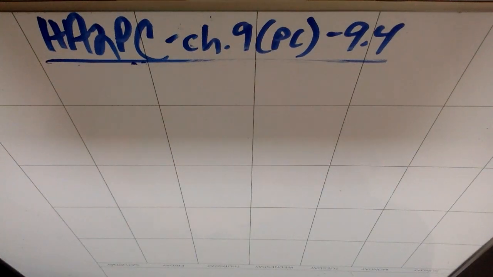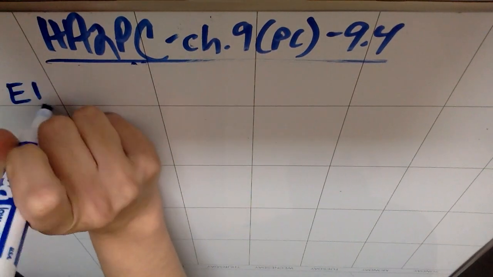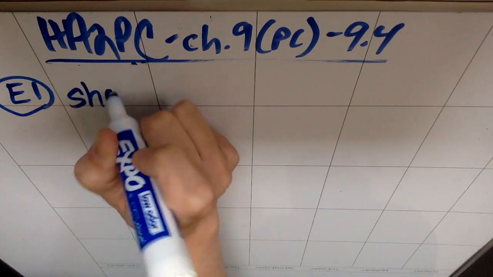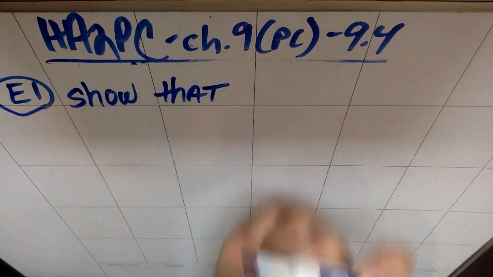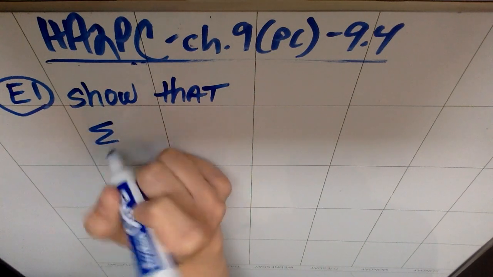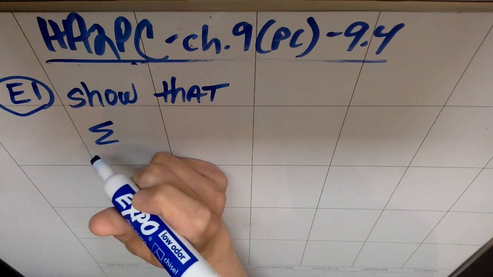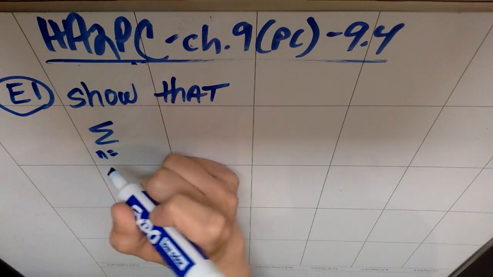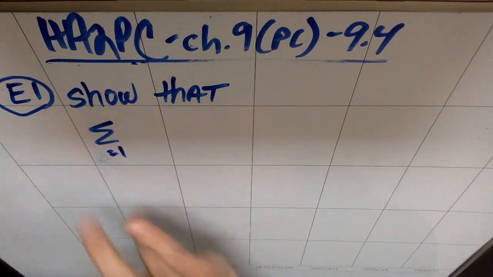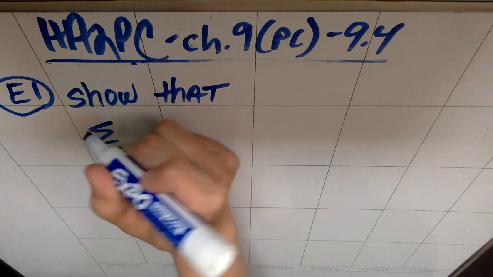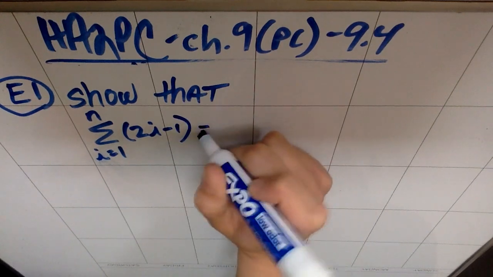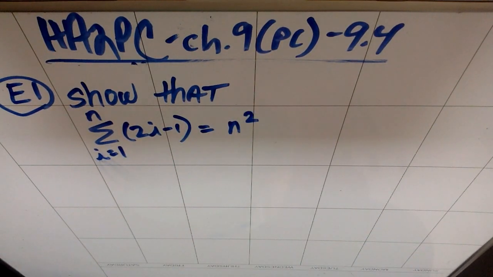For my example 1, I'm going to show that the sum from 1 to n of 2i minus 1 is equal to n squared.